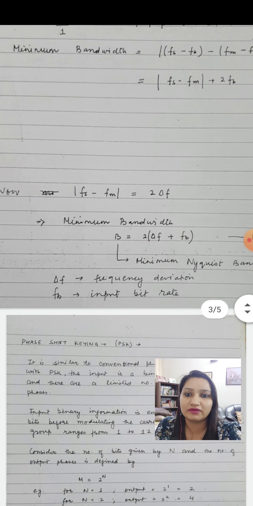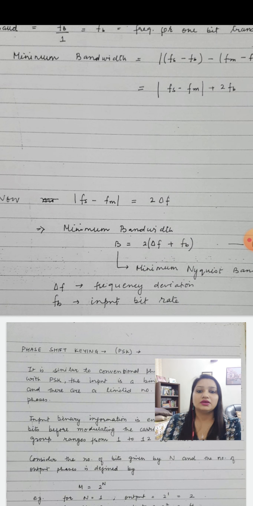So this ends our frequency modulation. For every part, whether it is ASK, FSK or PSK, you should remember three things. First is the definition: what is the input, which parameter of the other input wave is changing, and what you are getting as output.